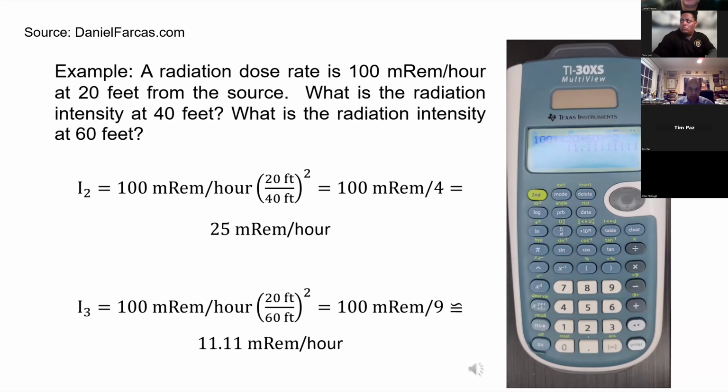Okay, so in this case, if you want to hurry up the results, if you are at twice the distance, you just have to divide by 4. If you are at 3 times the distance, you divide by 9, right?